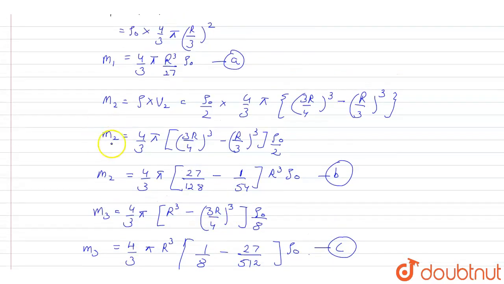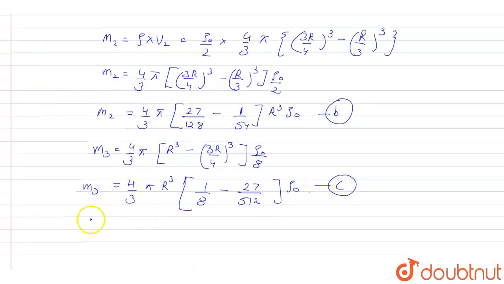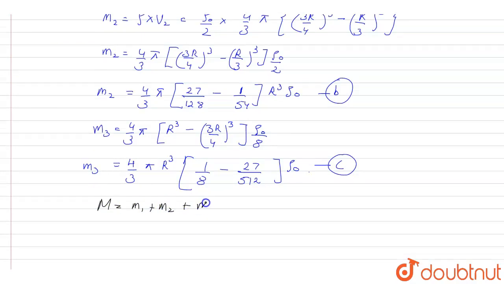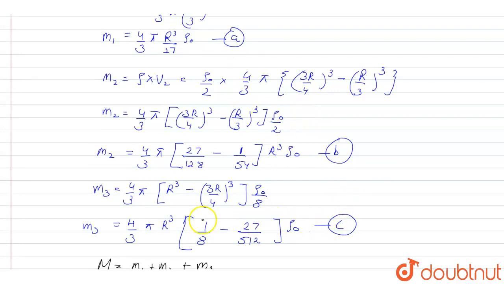So now we have M1, M2 and M3 and we can put these values in equation 1, right? So the total mass of the sphere, that will be equal to M is equal to M1 plus M2 plus M3. Also looking at equations A, B and C, 4/3 πr³ and ρ₀, all these terms can be taken out common, right?